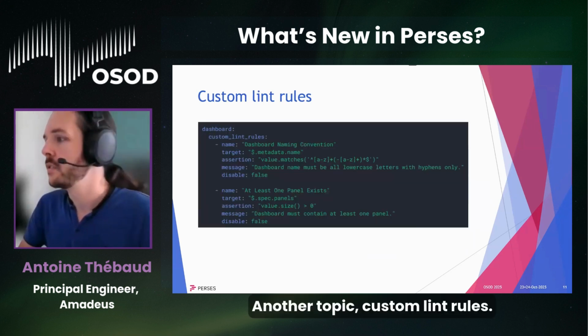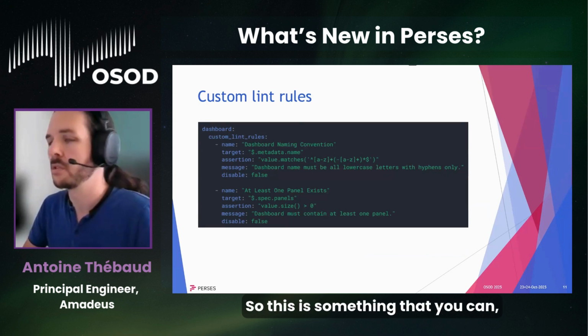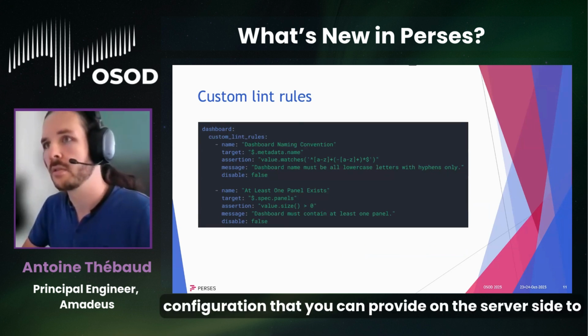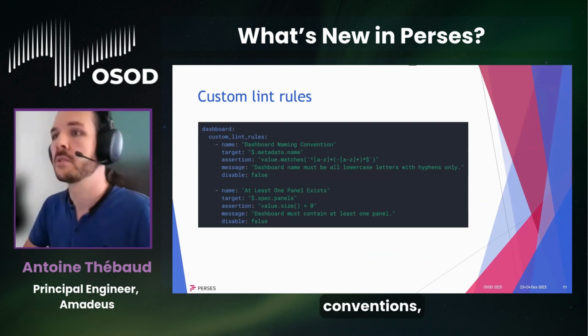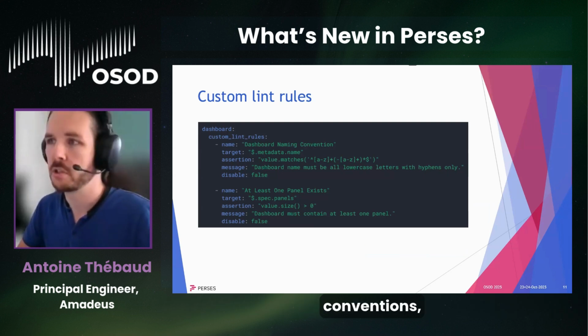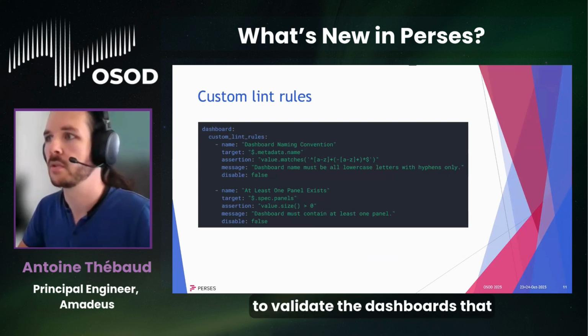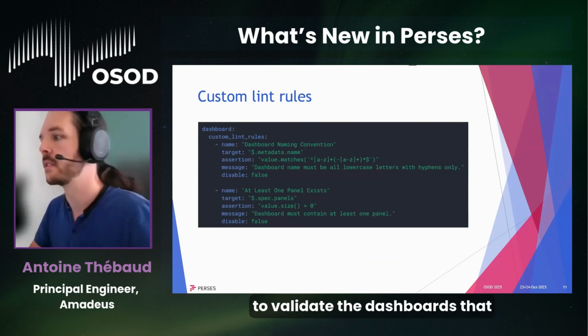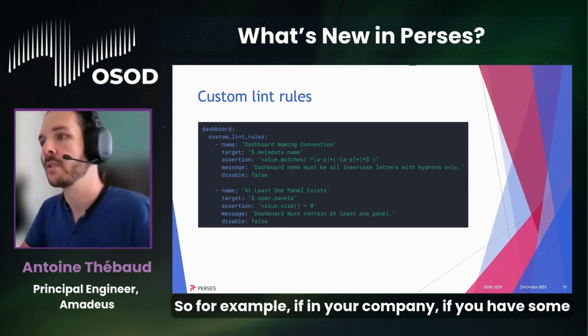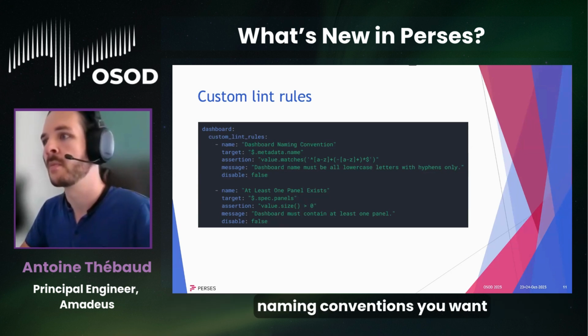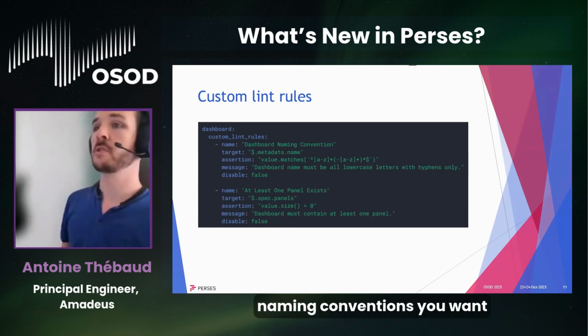Another topic, custom lint rules. This is a configuration that you can provide on the server side to enforce additional conventions, rules, etc., to validate the dashboards that are getting saved or updated. So for example, if in your company you have some naming conventions or good practices you want to enforce.